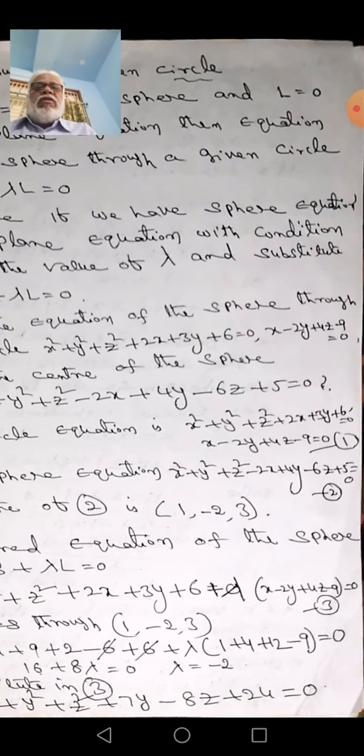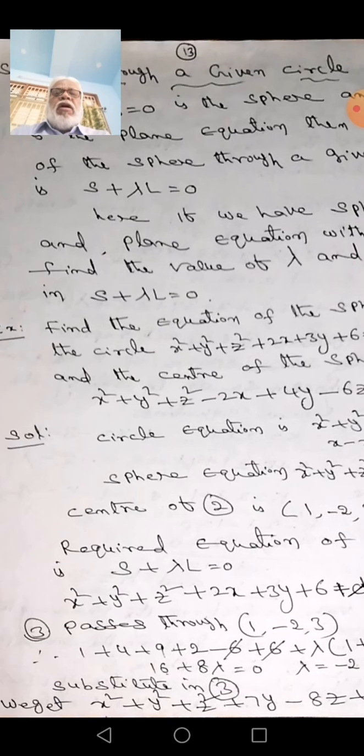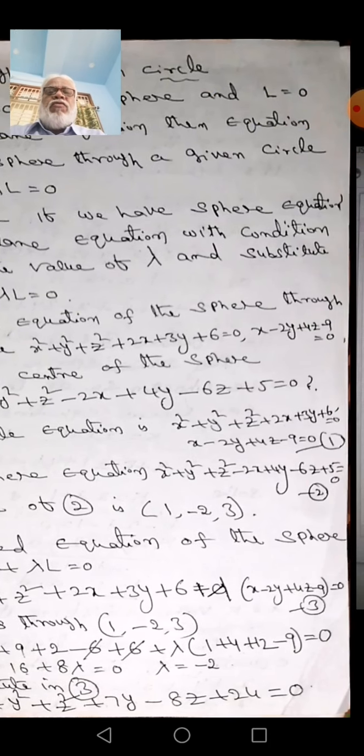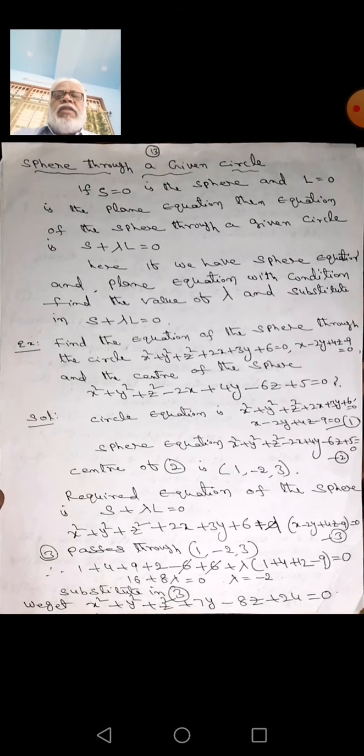Here if we have a sphere equation and a plane equation with the conditions, what are the conditions given? The equation of the sphere through a given circle is S plus lambda L is equal to 0.